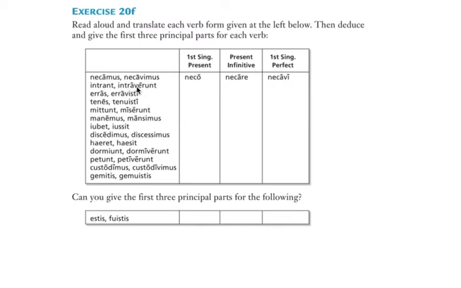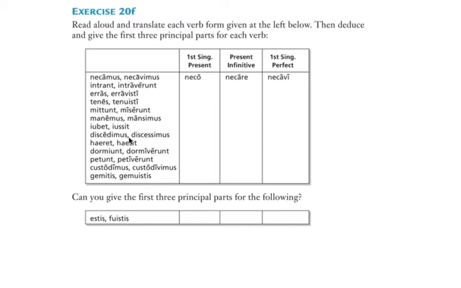It'll be based on this stem that you see right here, everything up to the ending. Again, perfect endings are i, isti, it, imus, istis, erunt. So we're going to stop there, right where my arrow is here, right? We're going to say intrav, and that's going to go over here, and then we're just going to put a long I on it for I entered.